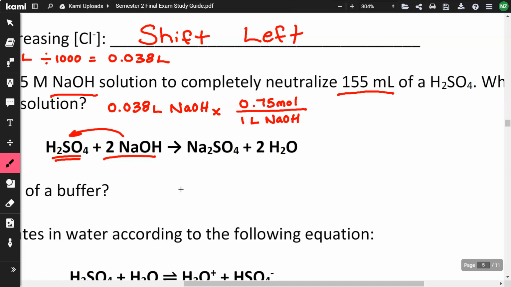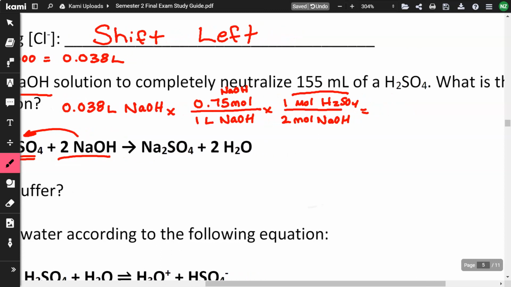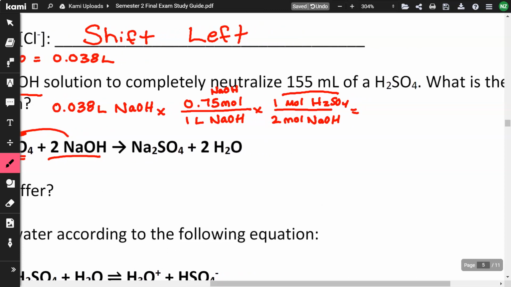So for every 2 moles of base, we have 1 mole of acid. Okay, so we would stop here because we don't know the other piece of the puzzle.